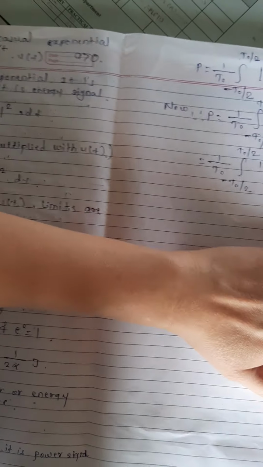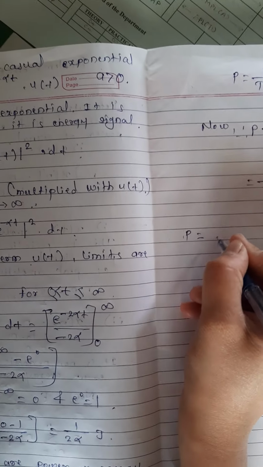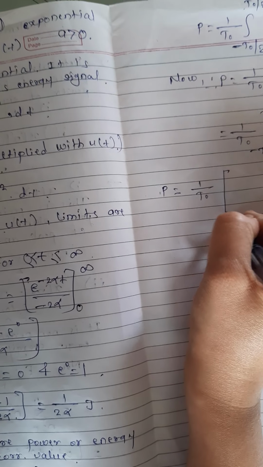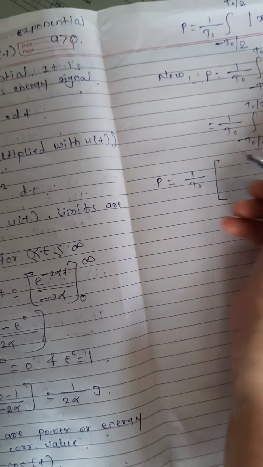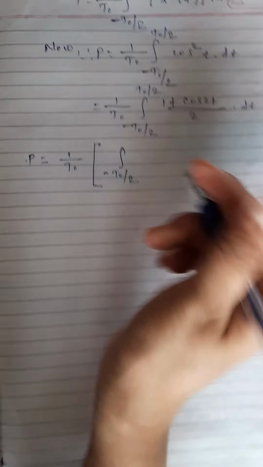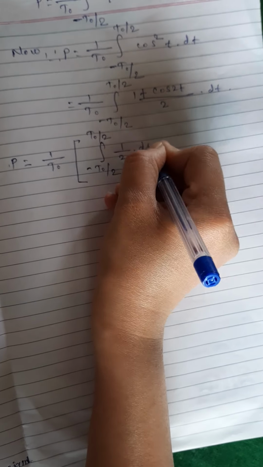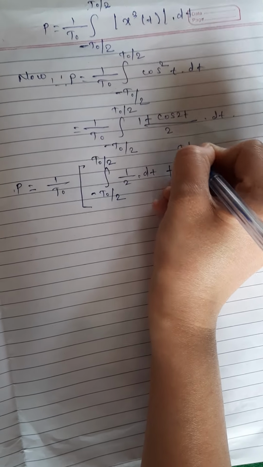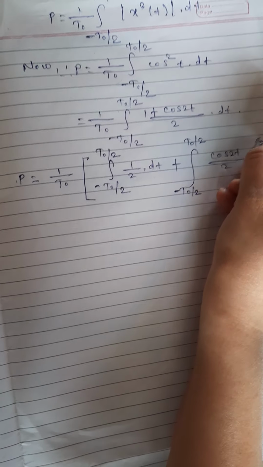So P is equal to 1 by T0 into, we separate the integration for this term, so it is integration minus T0 by 2 to T0 by 2 of 1 by 2 dt plus integration minus T0 by 2 to T0 by 2 of cos 2t by 2 into dt.